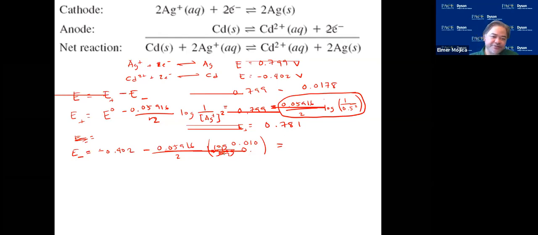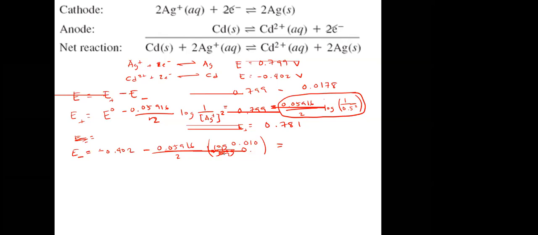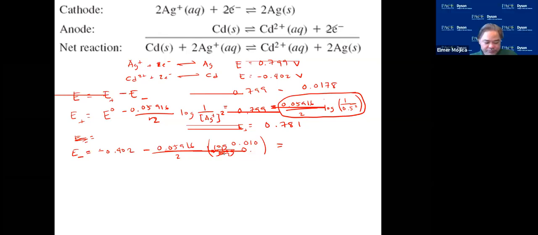Now how about the other one here? Negative 0.402 minus 0.05916 divided by 2 times log of 0.01. So log 0.01 times 0.05916 divided by 2.